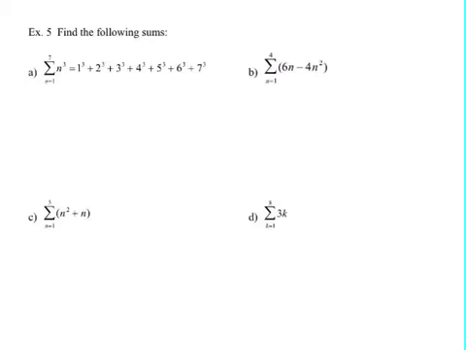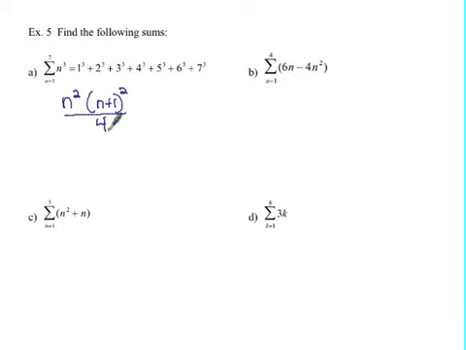It says we want to find the sum where n runs from 1 to 7 of n cubed, which we know is 1 cubed plus 2 cubed plus 3 cubed plus 4 cubed plus 5 cubed plus 6 cubed plus 7 cubed. Well, what I want you to do is look at the formula. The formula says if I want to add up the sum of cubed terms, the formula is n squared times n plus 1 squared over 4.